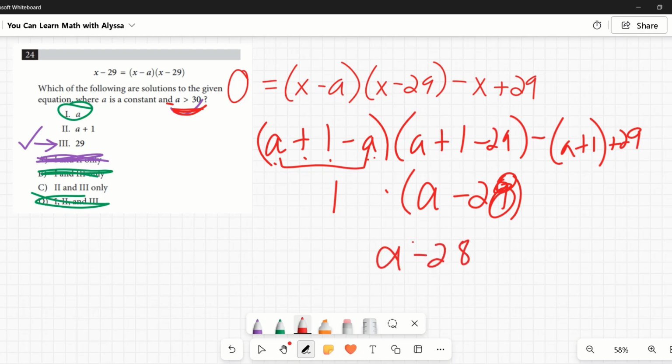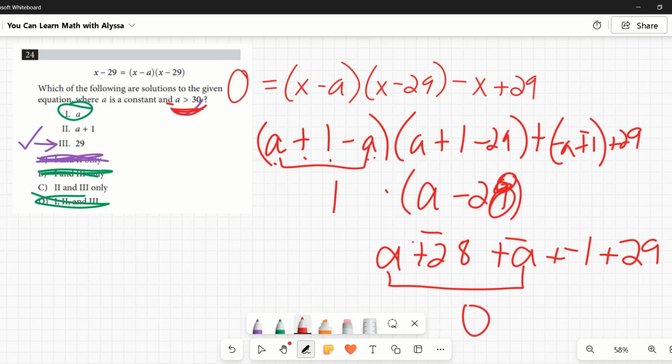And then I have here minus a plus 1. So we change that to plus, minus, minus. All right. So when we have negative a plus negative 1 plus 29, a and the negative a cancel out. Change all these to plus and negative to make this a little easier to see. So a plus a negative a is 0.